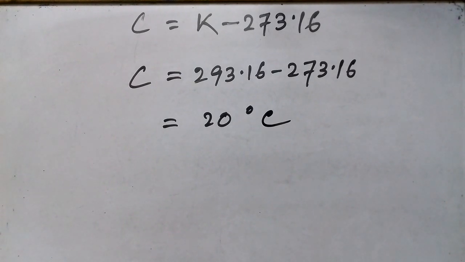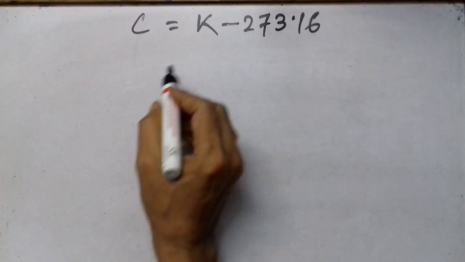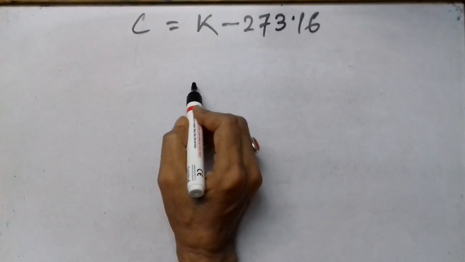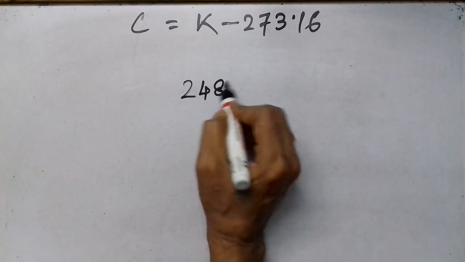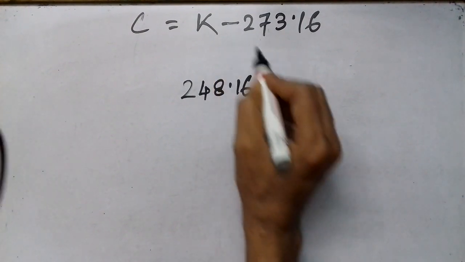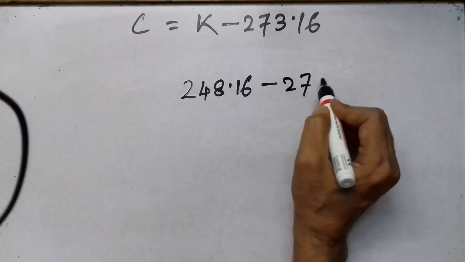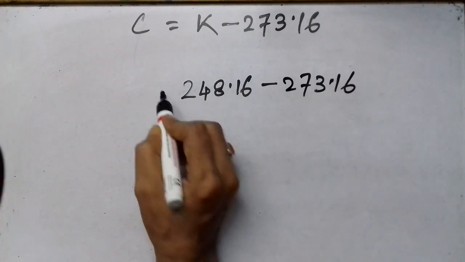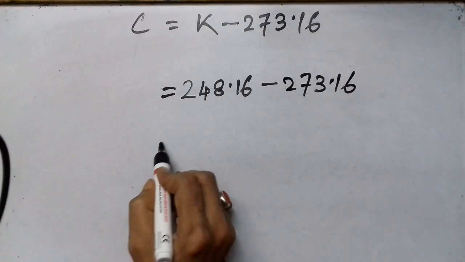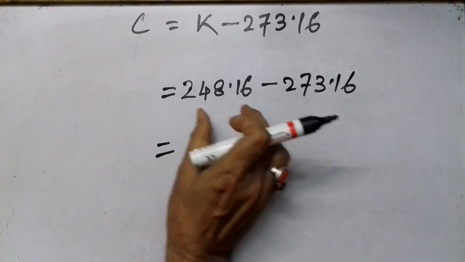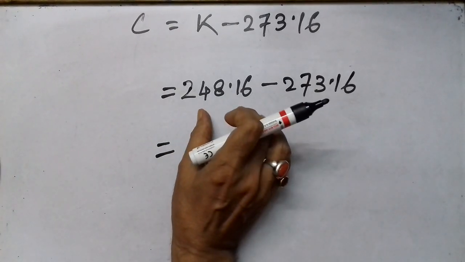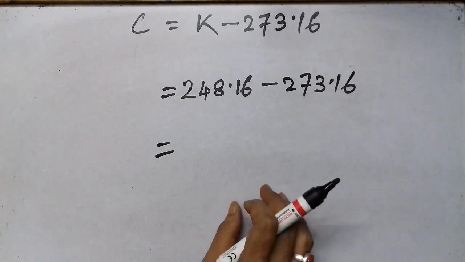Let us take another example. Let this temperature be 248.16 say. So subtract 273 from it. Equivalent temperature will be, say, what we know, one smaller number can be subtracted from the bigger number.